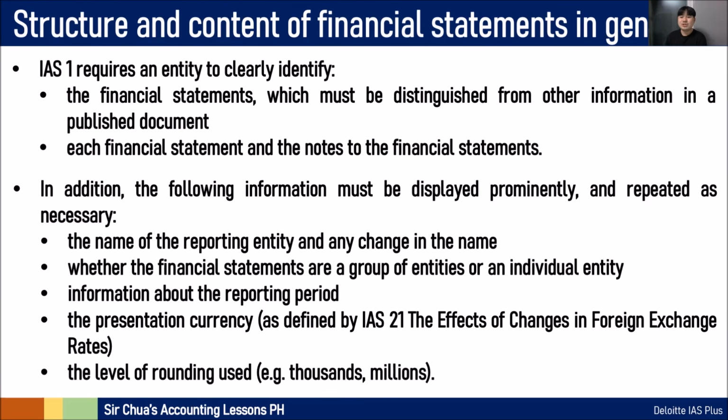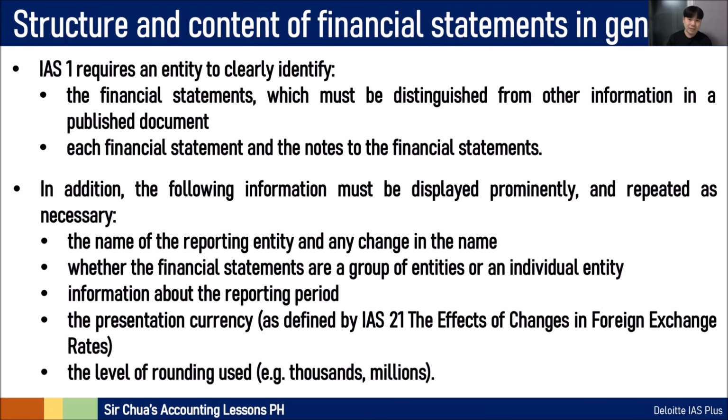Now, the structure and content of financial statements in general. IAS 1 requires entities to clearly identify the financial statements, which must be distinguished from other information in a published document, because usually financial statements are actually published together with the entity's annual report.